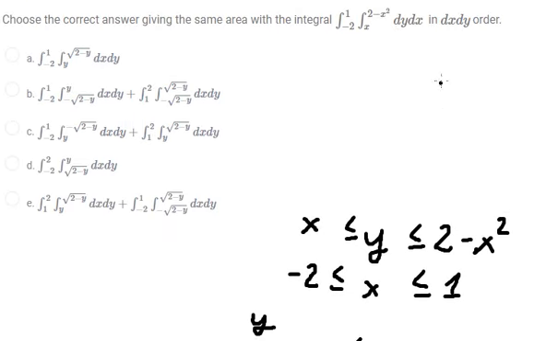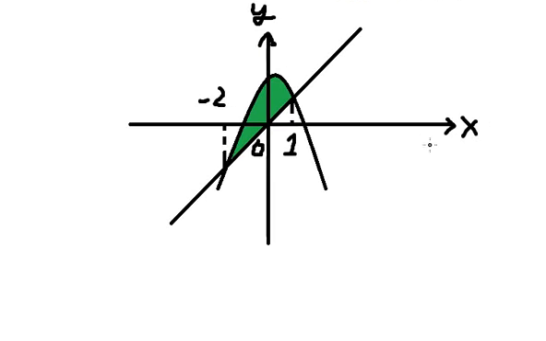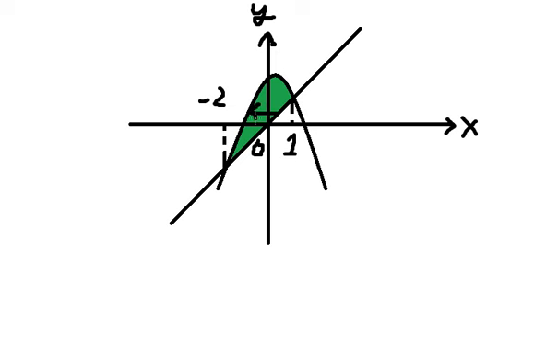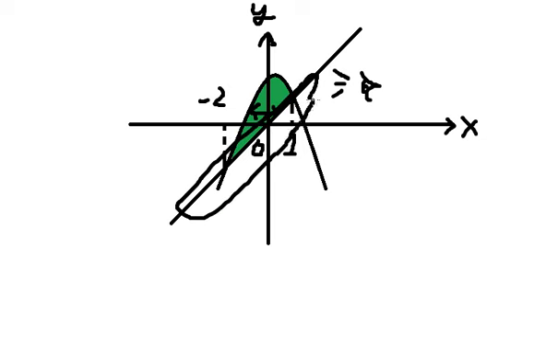Because we change dy dx into dx dy, this one is about dx. If we look in this way, this is about the upper, and this one is about the lower.